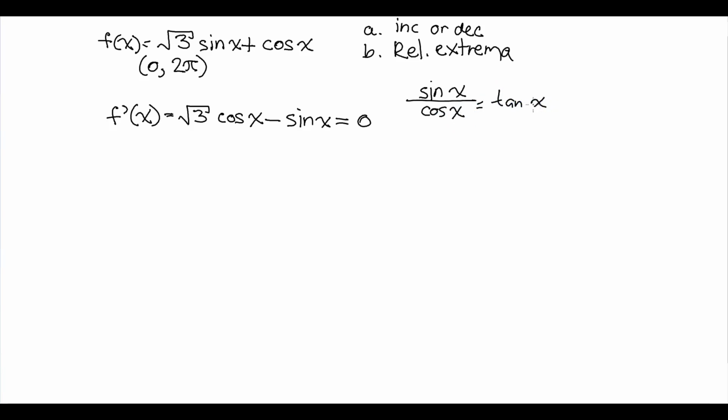The reason why I'm doing this is that we can replace sine of x with tangent of x times the cosine of x. Now we can factor. So we're going to factor out cosine of x, cos x, times root 3 minus the tangent of x.